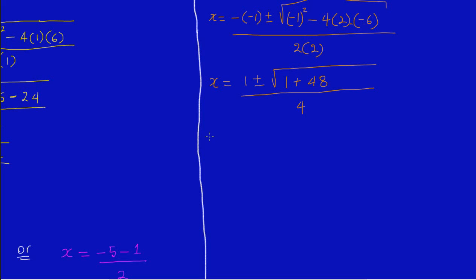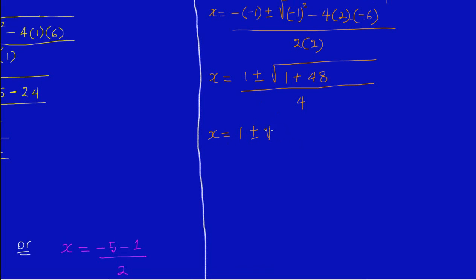So we're going to say x is equal to 1 plus or minus. Notice I'm just bringing down these things, and I'm taking the square root of 1 plus 48, which is 49, and that is all over 4.